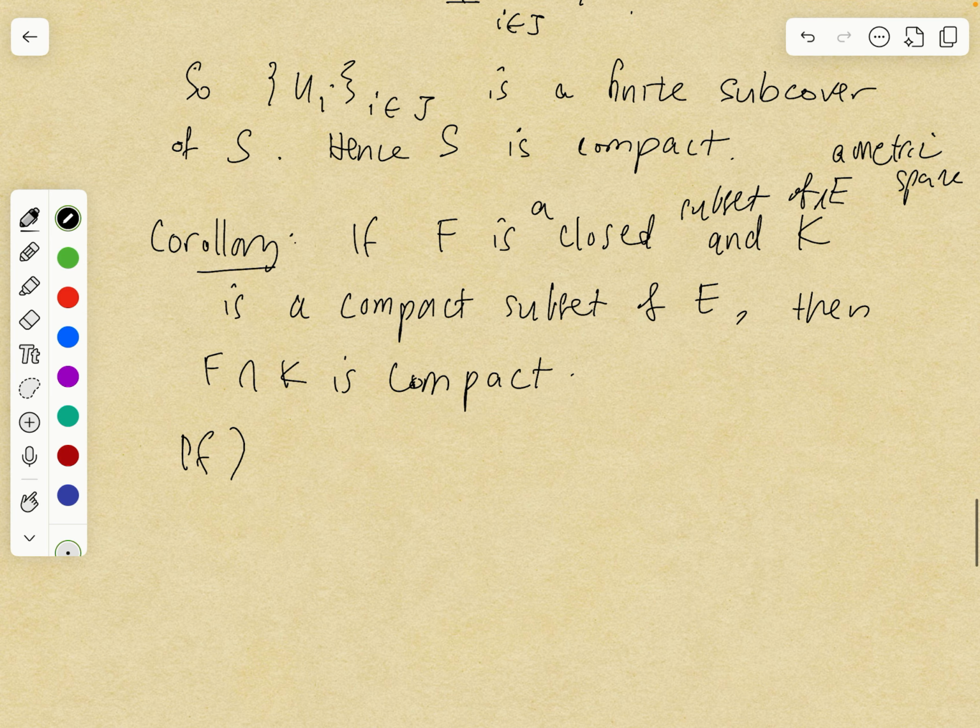Okay, why is this true? Well, F intersect K, what kind of subset is that?